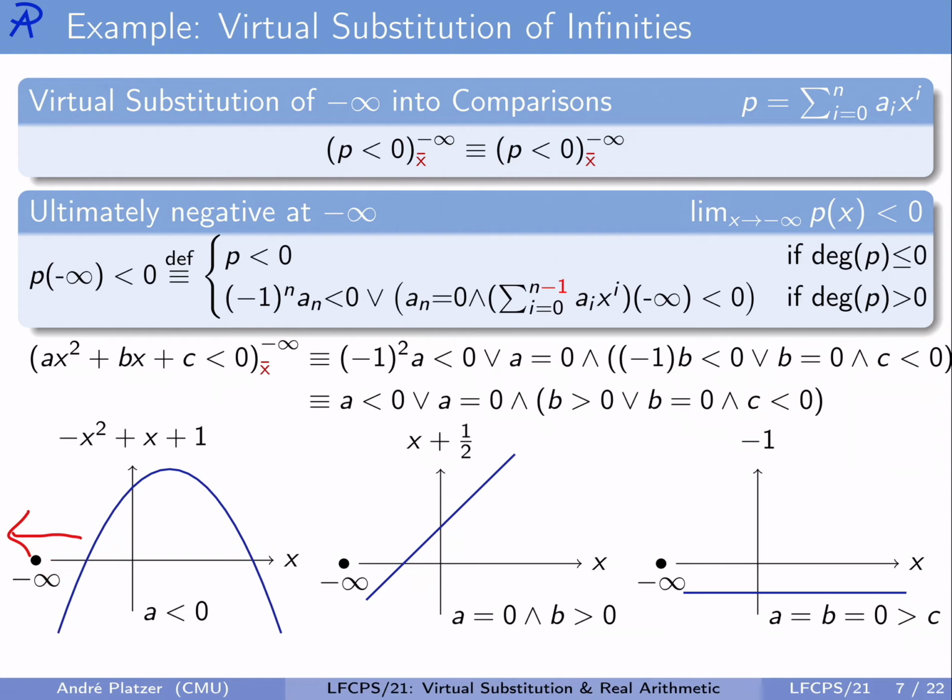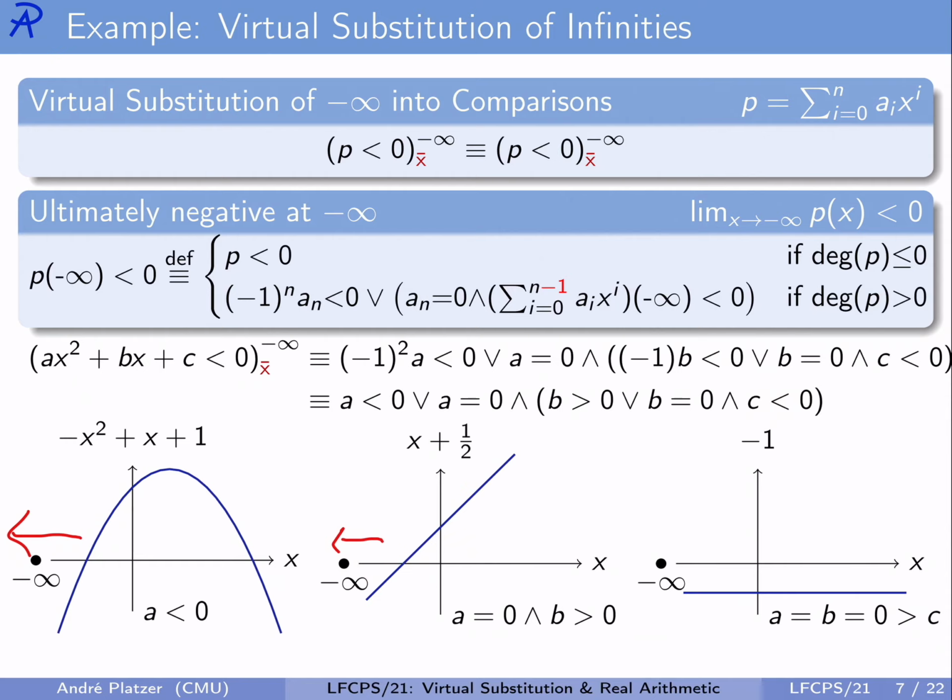For example, for the case where a equals 0 but b is positive, so for this case here, for example x plus a half, we find out that this linear function will indeed, if we keep on walking infinitely far to the left, mind you, this is not connected here in a certain sense, find a negative sign.